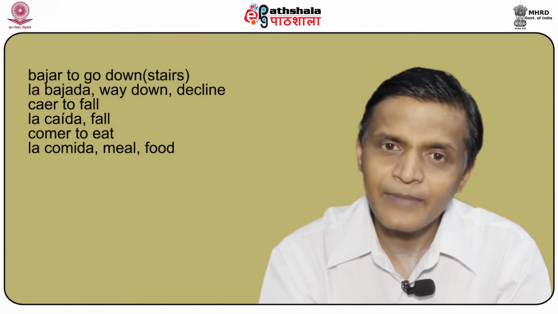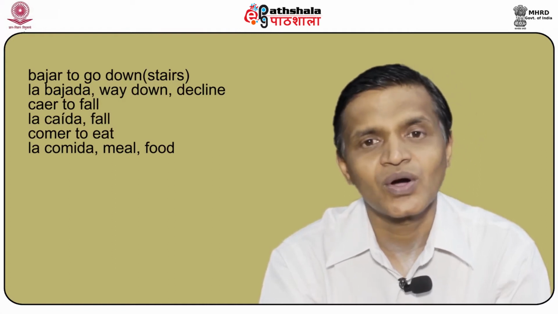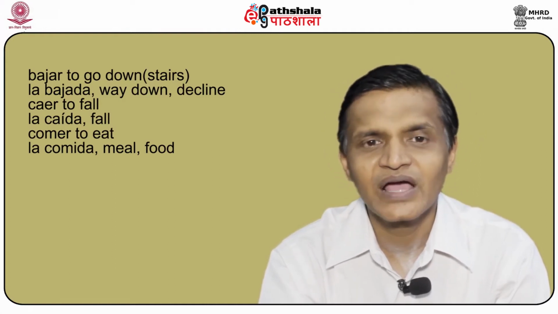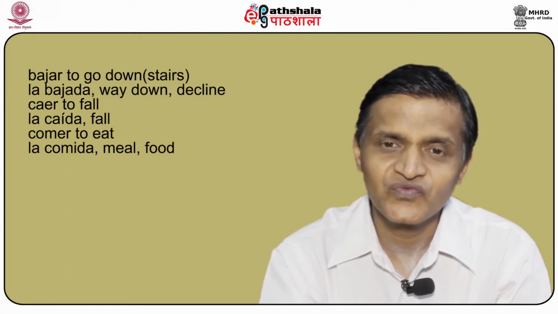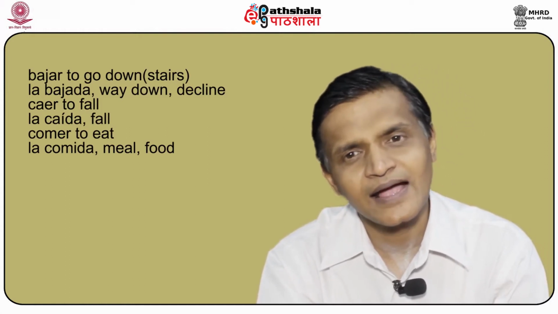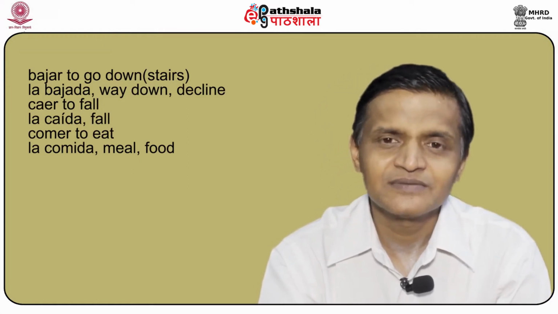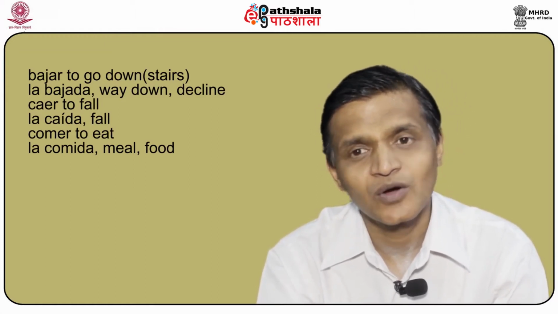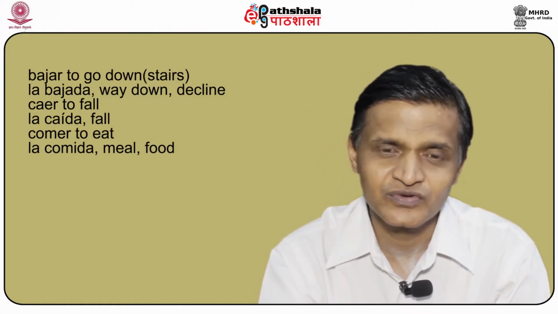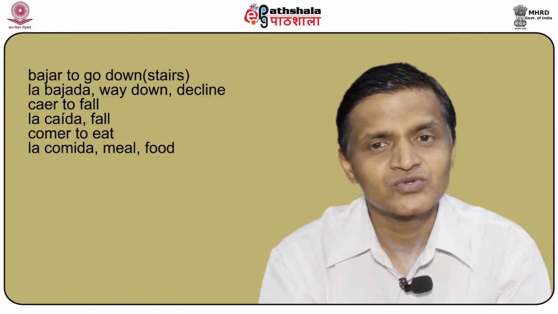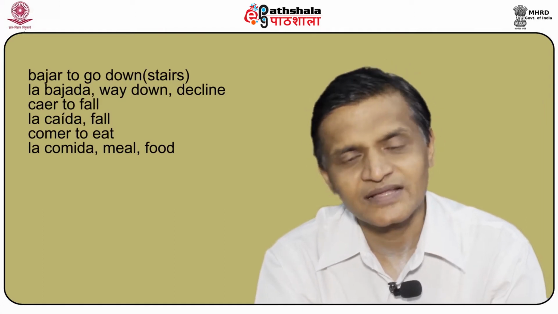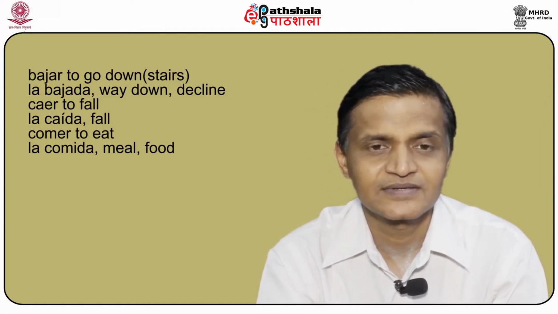It becomes la bajada, the way down or the decline. We have the verb caer, to fall. This becomes la caída, the fall. Comer, to eat, becomes la comida, which is the meal or the food. Correr, to run, becomes la corrida de toros or bullfight.